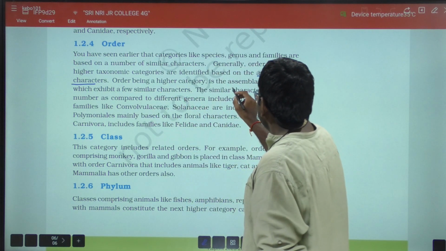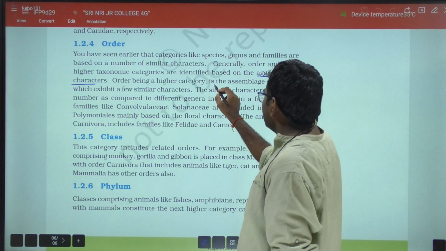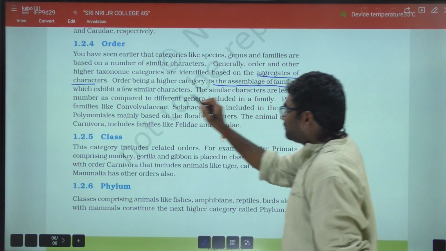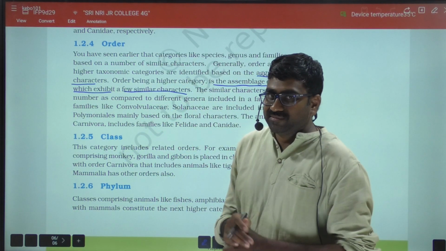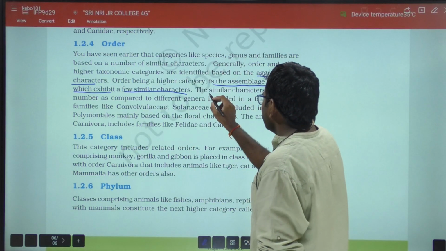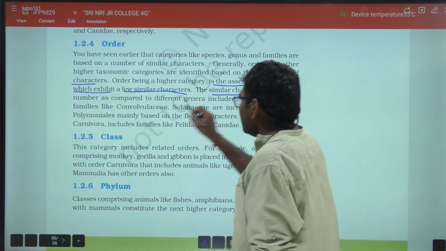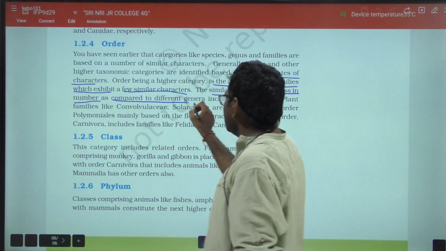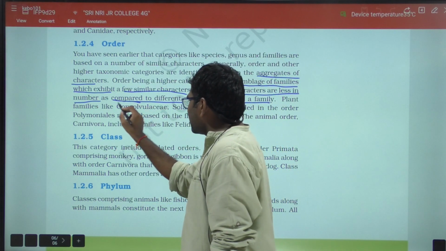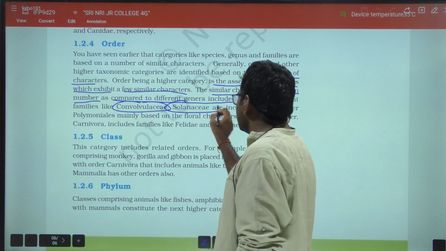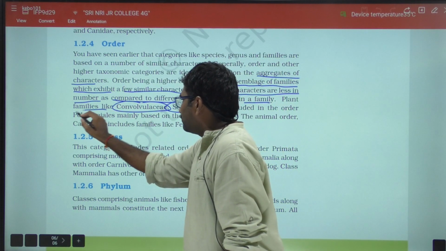It is defined as an assemblage of families which exhibit a few similar characters. The similar characters are less in number as compared to the different genera included in a family. Plant families like Convolvulaceae and Solanaceae are included in the order Polemoniales.